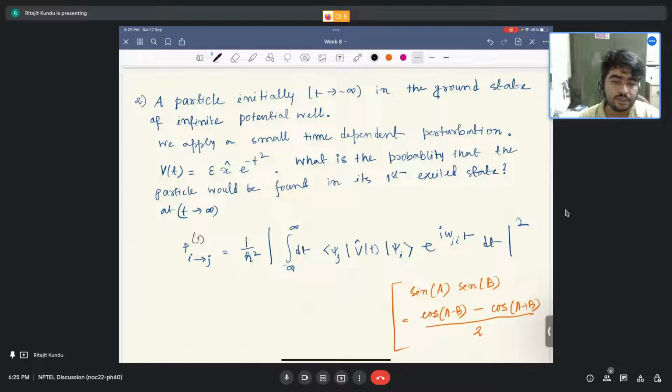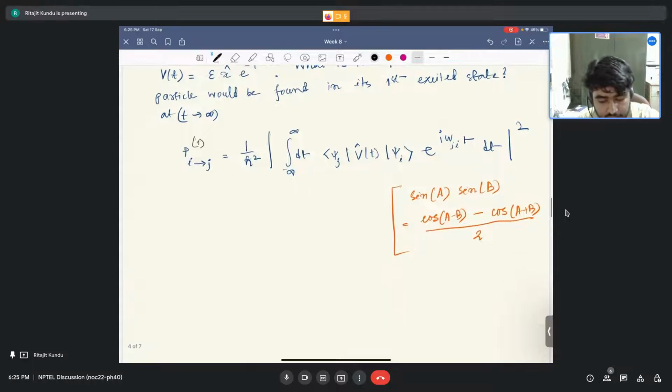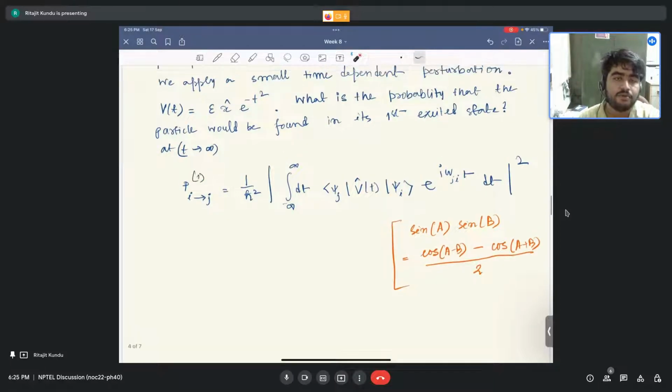Let us see how to do this calculation. Here also we'll be using a similar identity. In all of these particle in a box problems this identity is useful, so keep this formula handy.